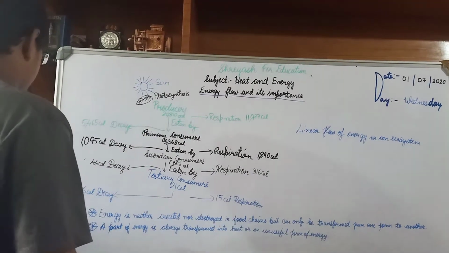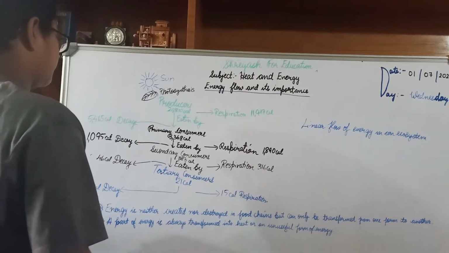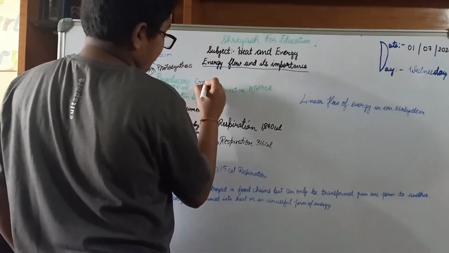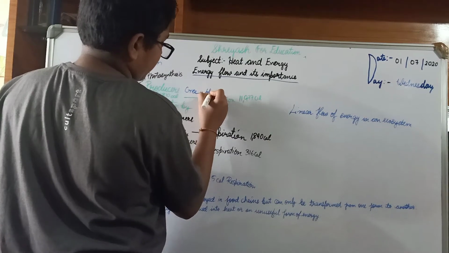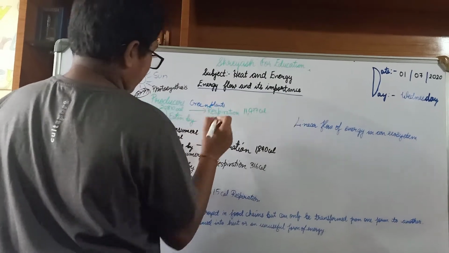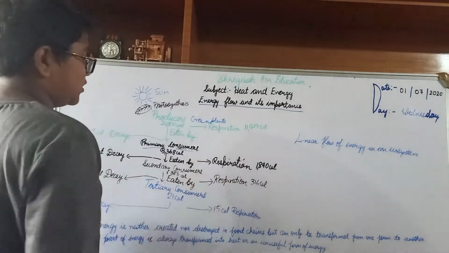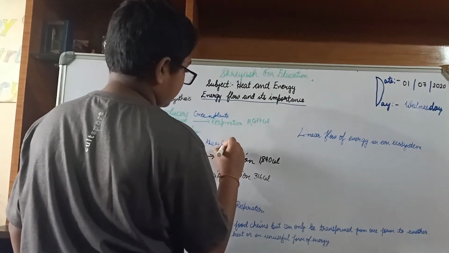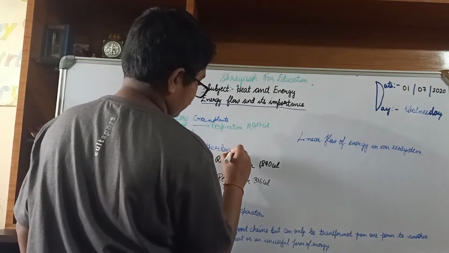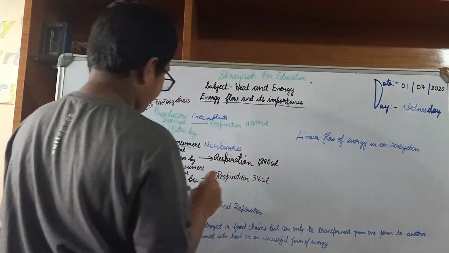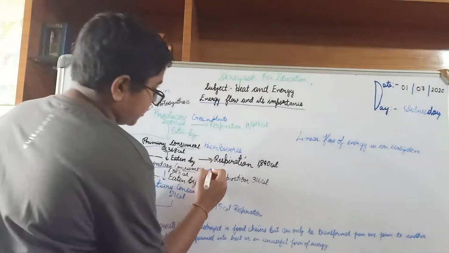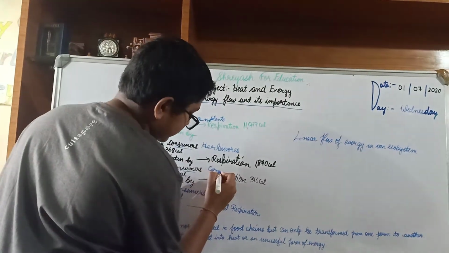Producers, you may take as green plants, while primary consumers will be herbivores. After that, when they are eaten by secondary consumers, they are carnivores.